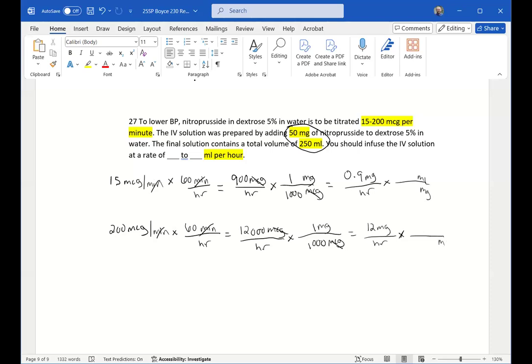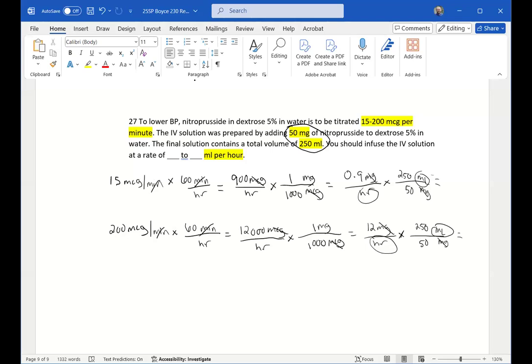Same thing here. So I look at my available, 50 milligrams, 250 ml, 50 milligrams, 250 ml. And at the end, I'm going to be left with milliliters per hour on the low end, milliliters per hour on the high end. So let's see what that comes out to be.